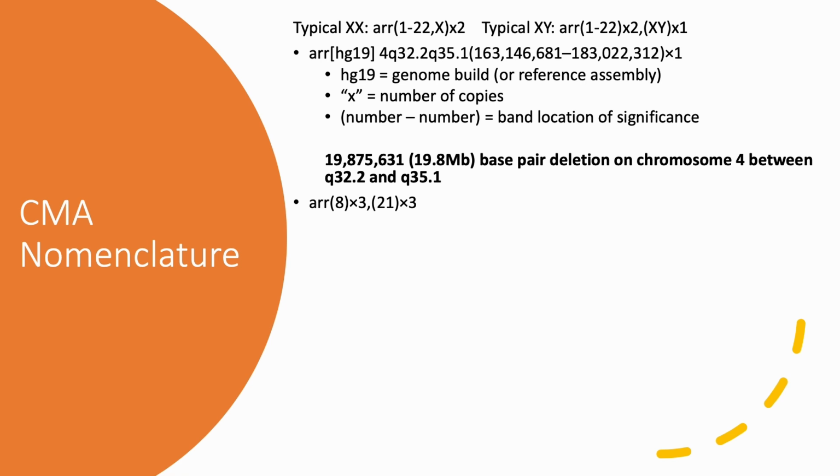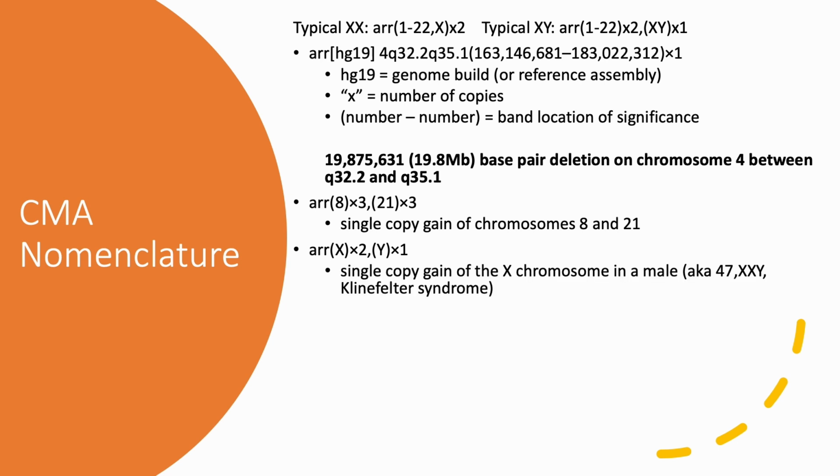Another example, ARR 8 times 3, 21 times 3, indicates a single copy gain of both chromosomes 8 and 21. The notation ARR X times 2, Y times 1, reveals a single copy gain of the X chromosome in a male, which corresponds to 47,XXY, a sign of Klinefelter syndrome.